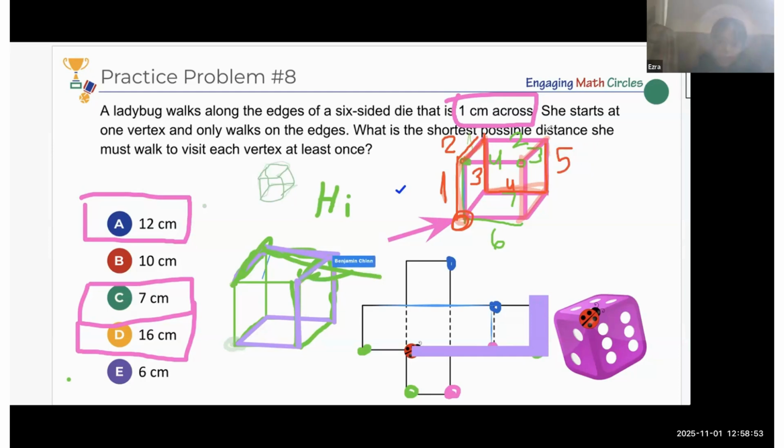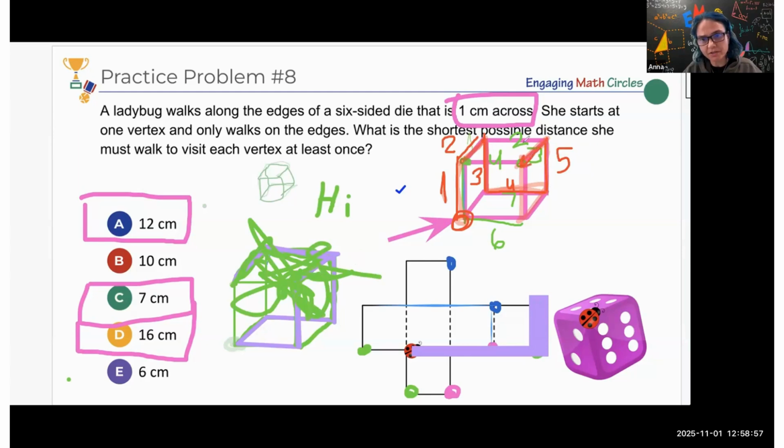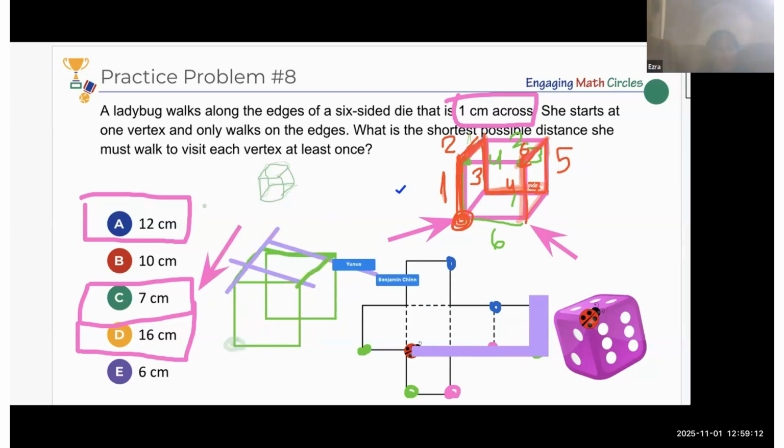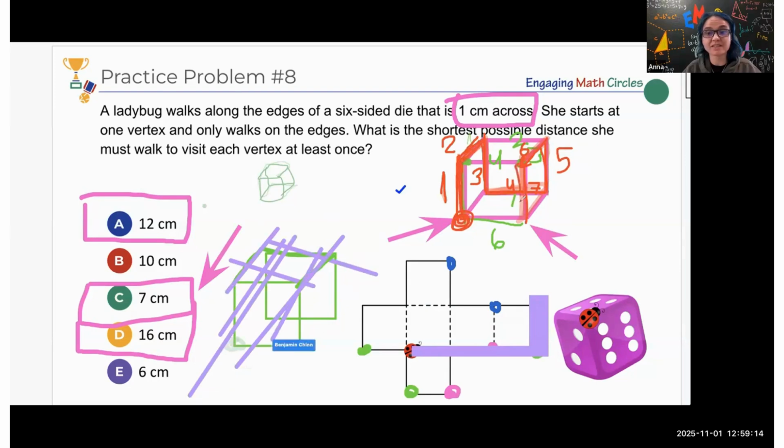Okay. Forward 6. And then down, 7. That's it. That hit all of the points. So 1, up, 2, 3, 4, 5, 6, 7.